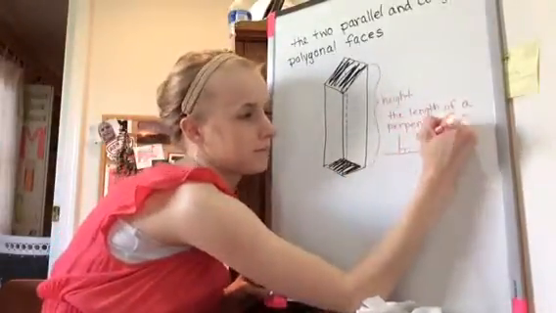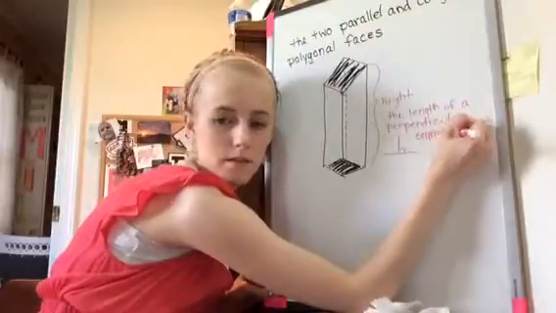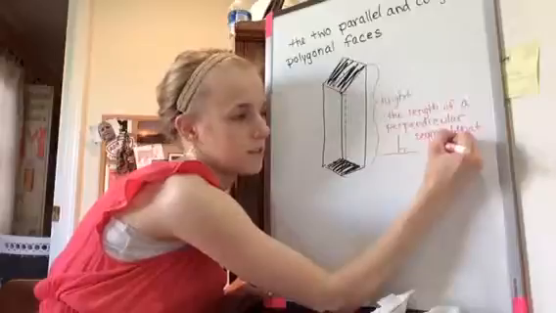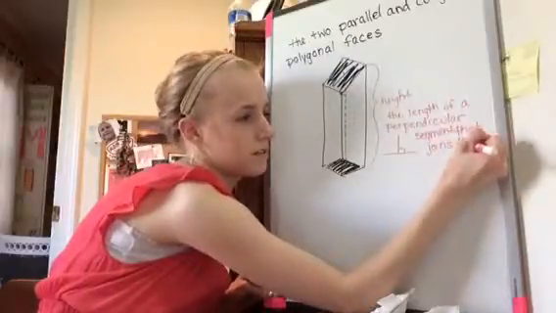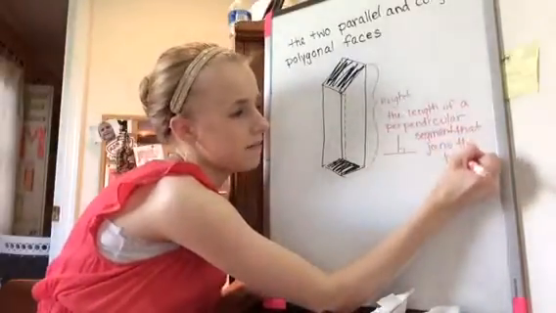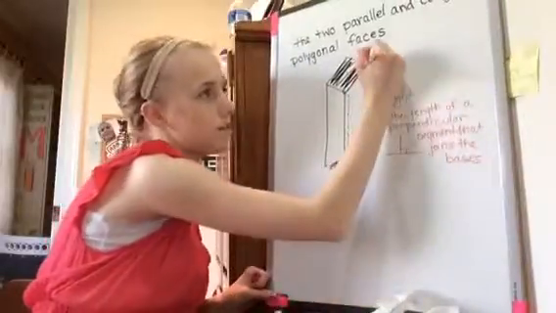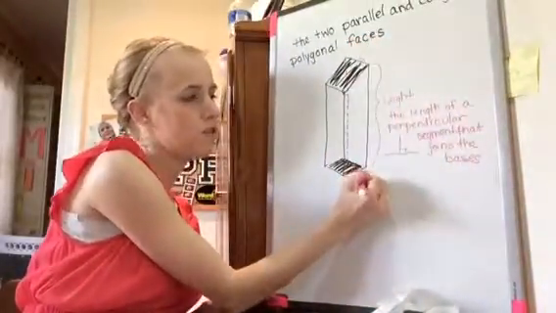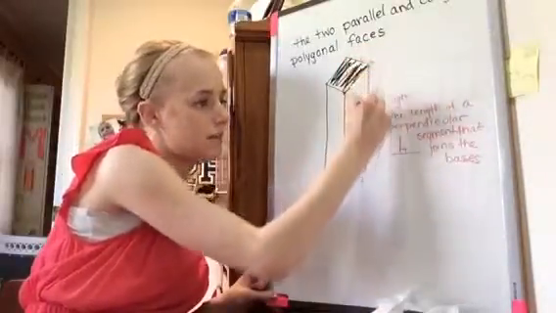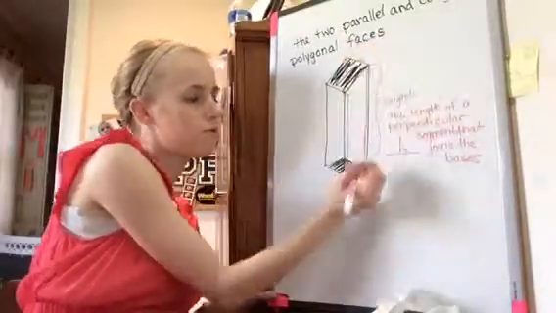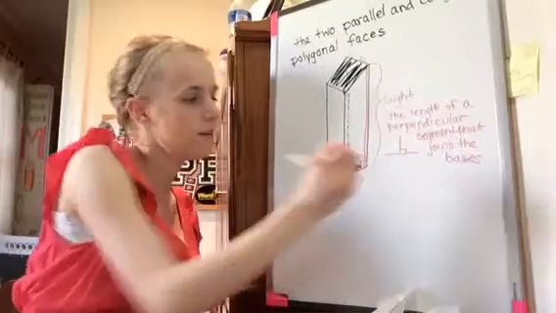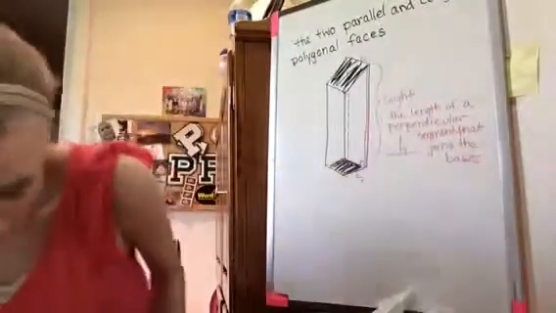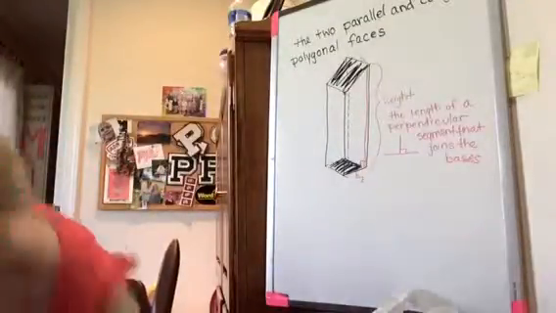If I'm looking at this right here, I know this is the height because here's my base 1, here's my base 2. This line segment right here forms a 90-degree angle and it connects my two bases together.